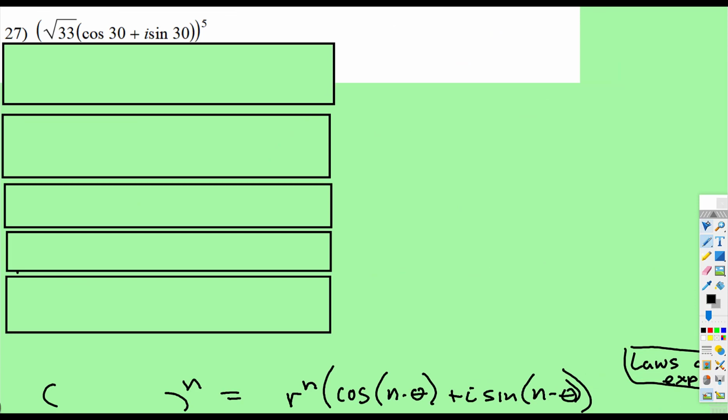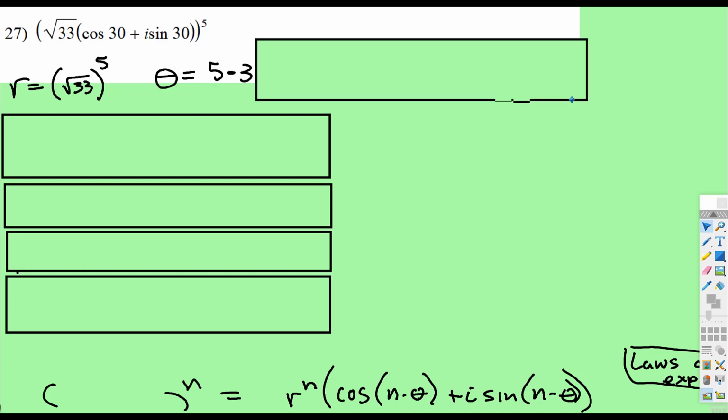And then this division problem up here simplifies to this right here. And then if we've got something raised to a power, remember it's r to the 5th, and then here's the setup down here. When you've got a polar trig form, or a complex trig form, being raised to the power, it's r to the n, and then the thetas get multiplied by the n.